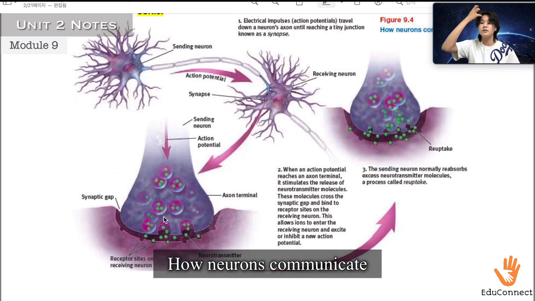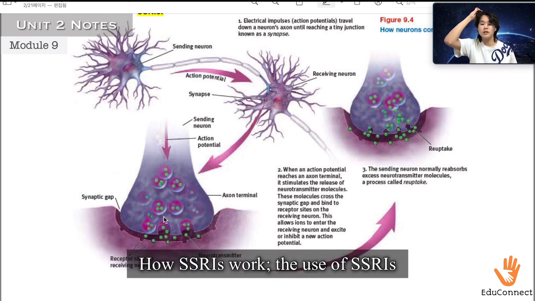And to stop these diseases, you need something called SSRIs, which stands for serotonin reuptake inhibitor, which means that the reuptake of neurotransmitters such as serotonin will be inhibited by this drug. By making the excess neurotransmitters remain at these receptor sites and at the synaptic gaps, when the amount of serotonin increases at the synaptic gap, then the level of depression is going to decrease.